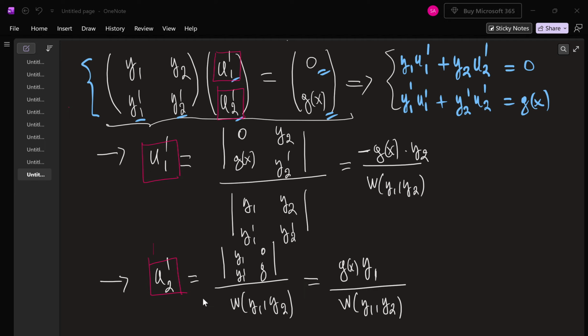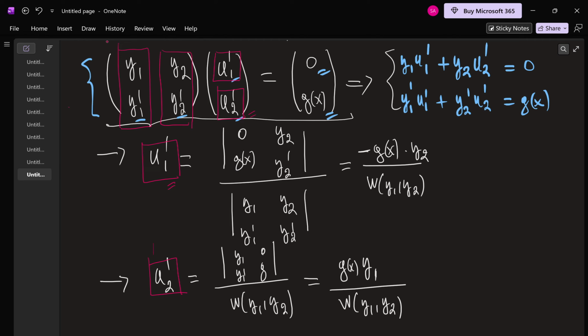Yes. Remember that this is the first column and this is the second column. The first column is always multiplied by the first unknown that we are looking for, and the second column is always multiplied by the second entry of the vector, which is u2 prime.